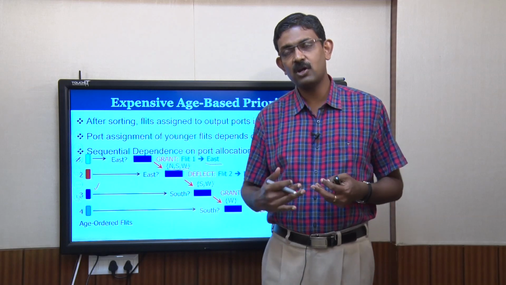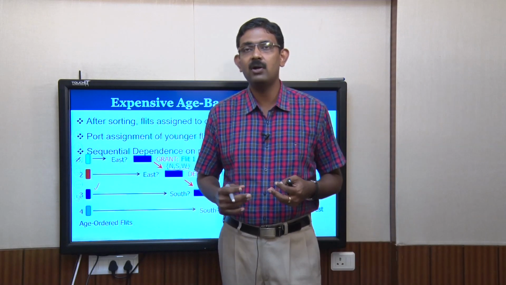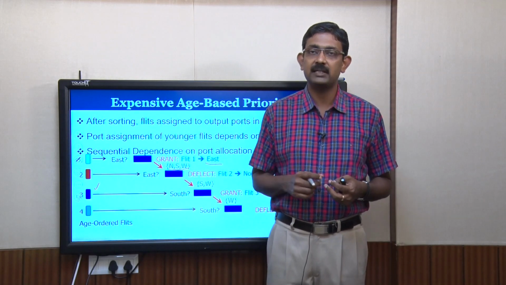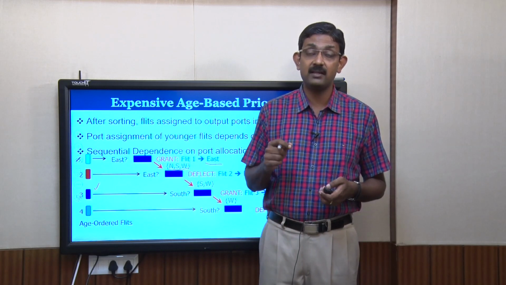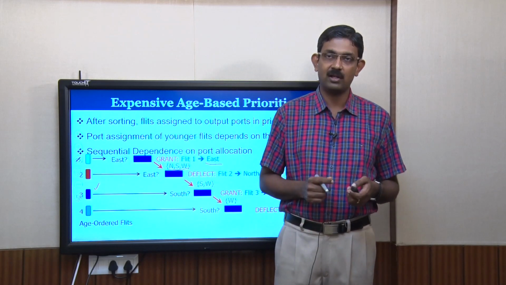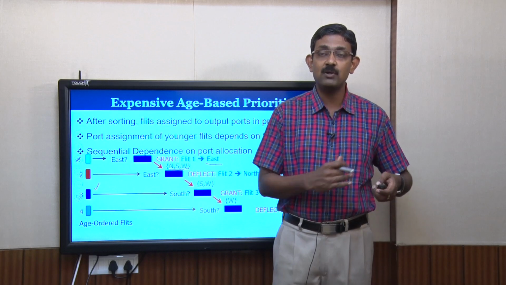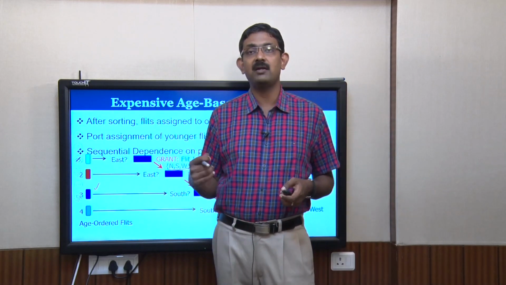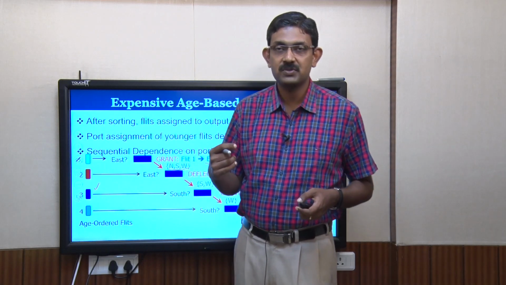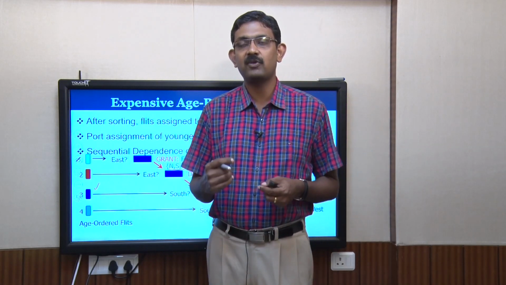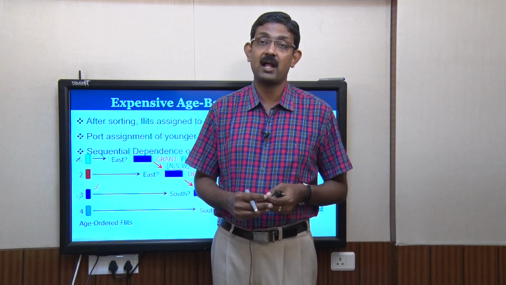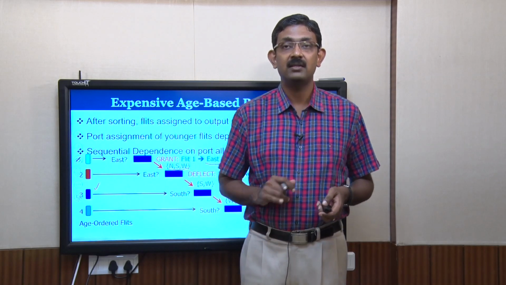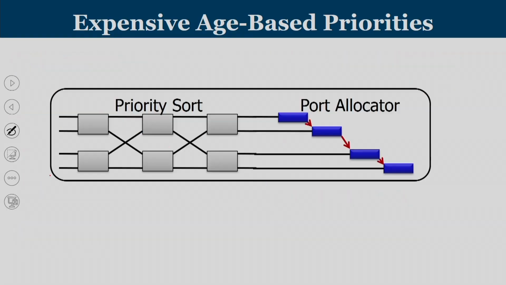Similarly, the processing of the third flit can be done only after port allocation is done for the first flit and the second flit in priority order. That means there exists a sequential dependence, because the output for the nth priority flit can be determined only after knowing which output ports are available after satisfying the first n-1 flits.